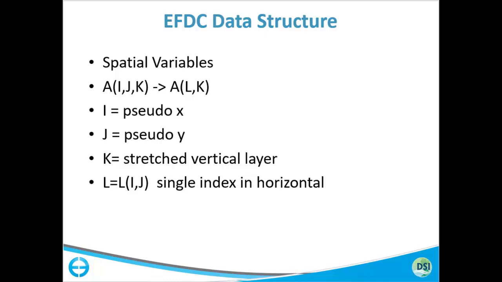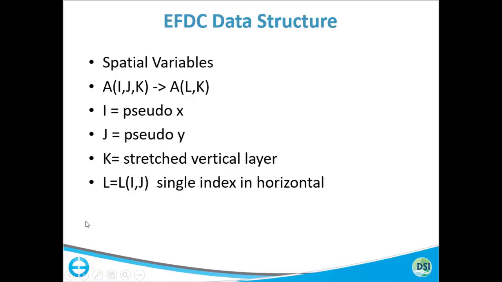I here is a pseudo X, so it's not a real X, but the grid uses I and J to distinguish the direction. K is the vertical layer, so if you have 10 layers, the value of K would be 10. And L values are stored in the memory with I and J index for each cell.